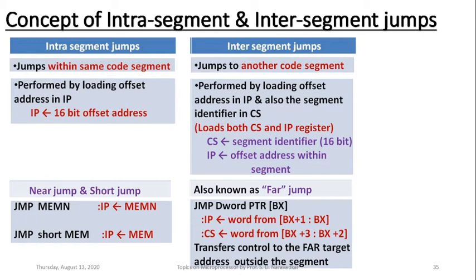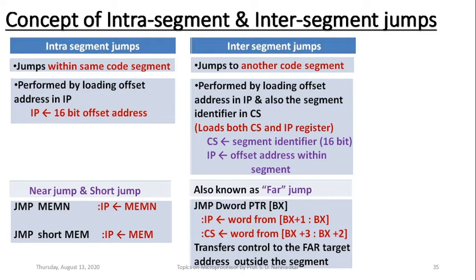The second word is taken from the BX plus 2 and BX plus 3 locations. So the first word will be the new value of IP and the second word will be the new value of CS. These two words are taken from four consecutive offset locations BX, BX plus 1, BX plus 2 and BX plus 3, and the new values are loaded.